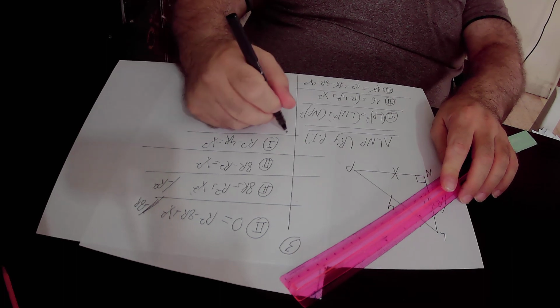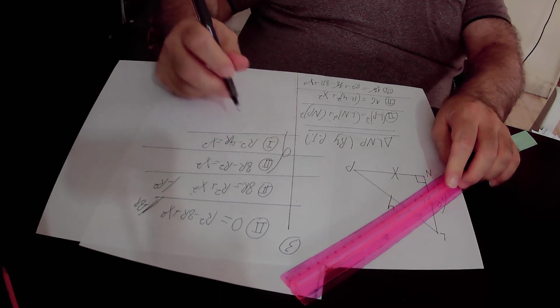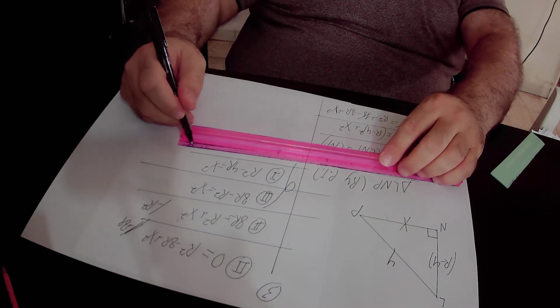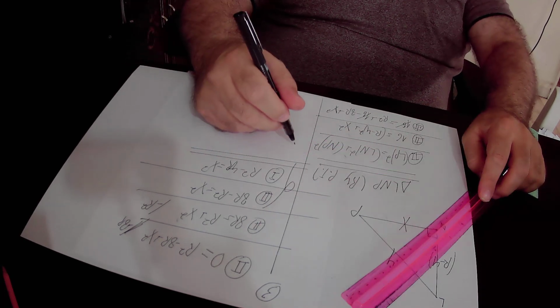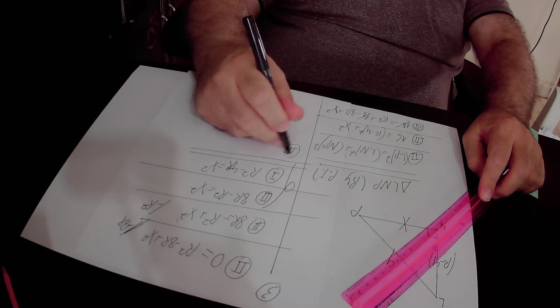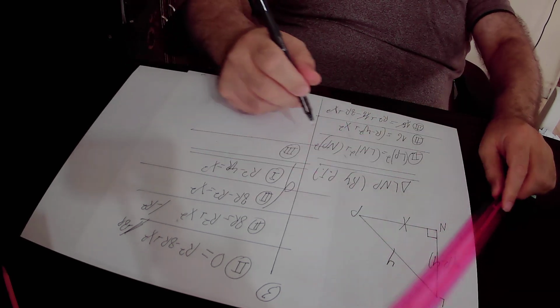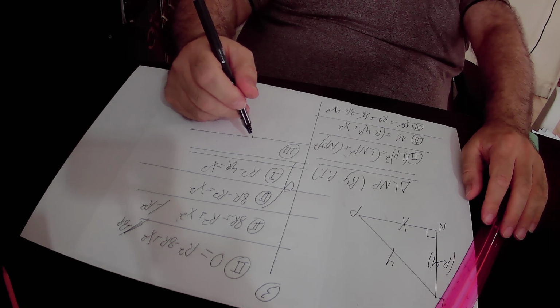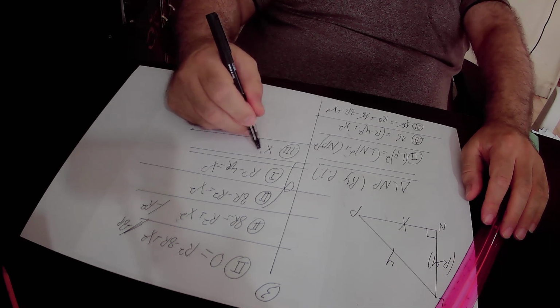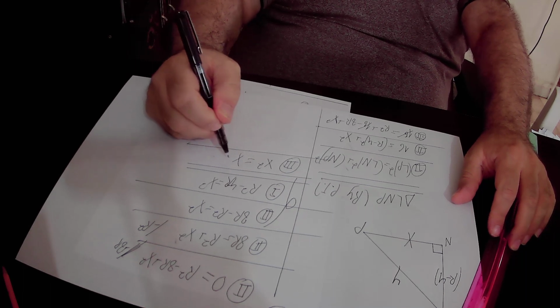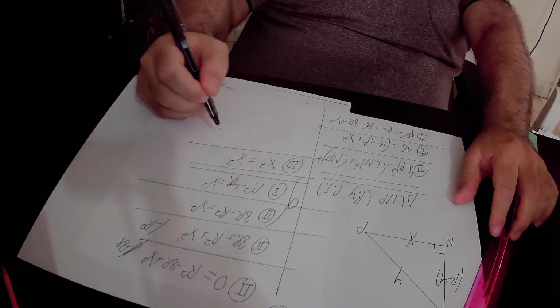So we have two different expressions for x squared. In the next step, we'll create equation number 3 that states that x squared according to equation number 1 must be equal to x squared according to equation number 2.